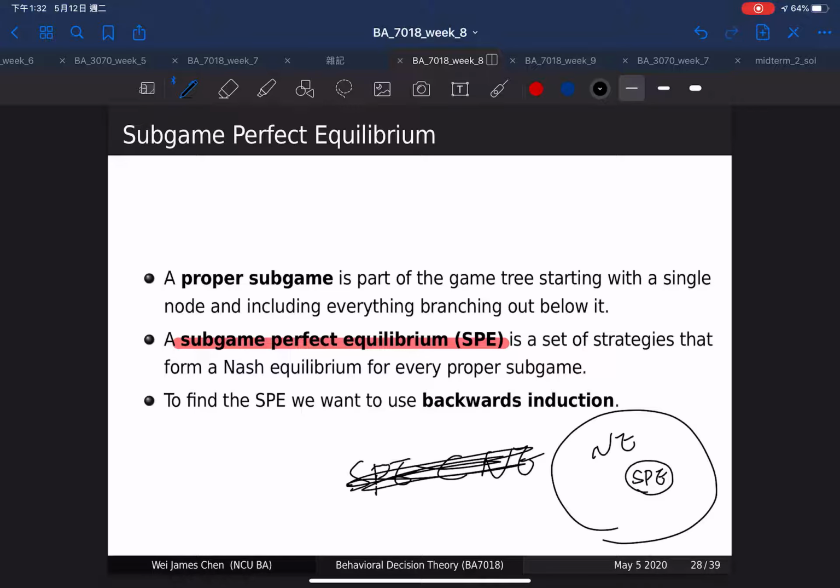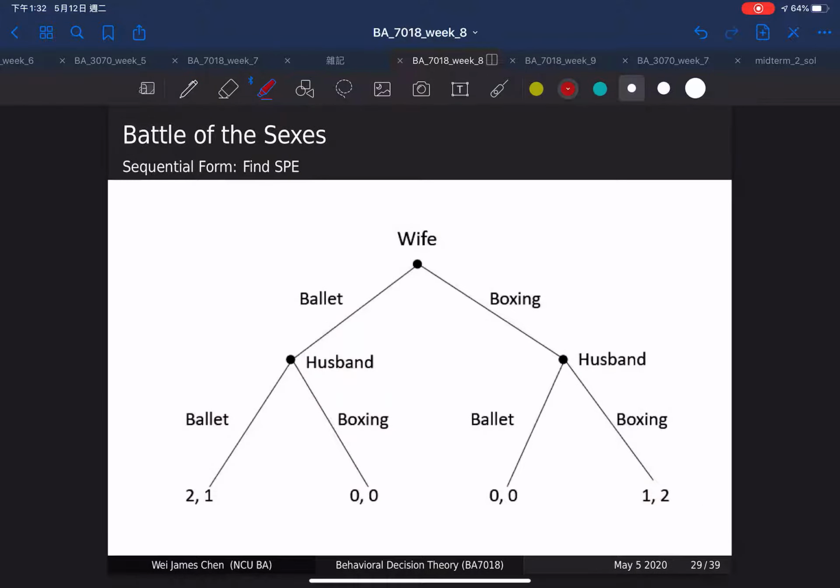So how do we actually find this SPE? We use something called backward induction. I know the wife chooses first, but I don't solve the game in this direction. I do it backward, in this direction.